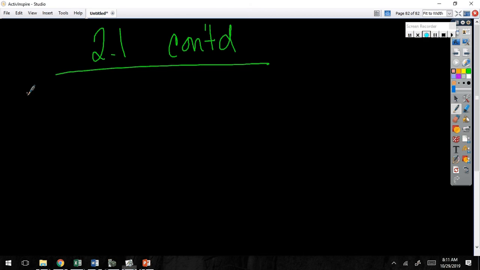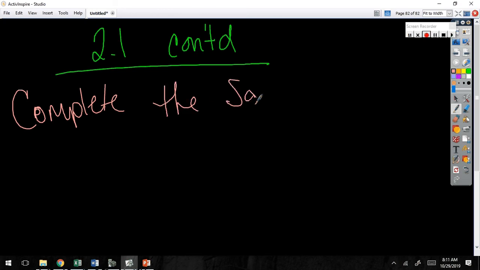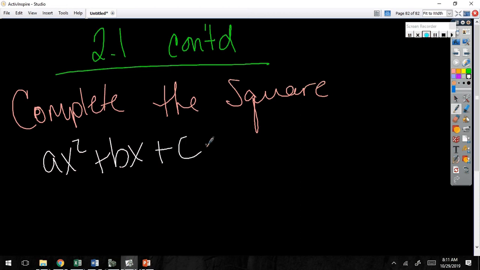All right, so what we're going to talk about is completing the square. And we've done this, but this time we're going to complete the square so that we can change the form of a quadratic from standard form to vertex form, okay? So think about what standard form looks like. Right?